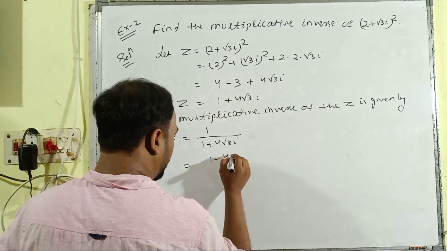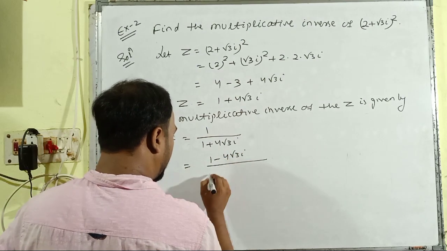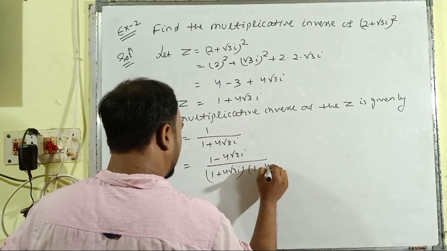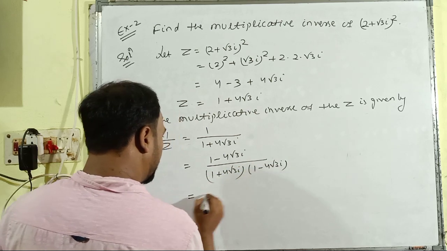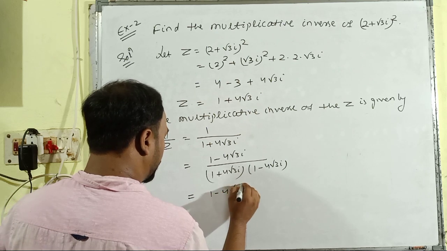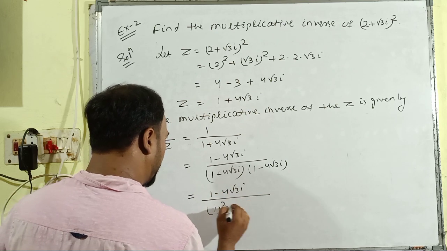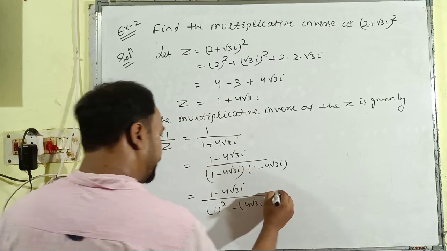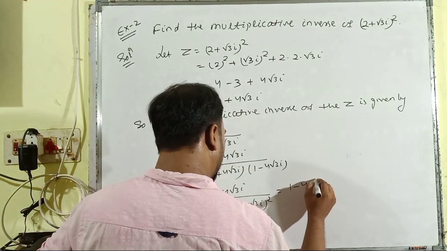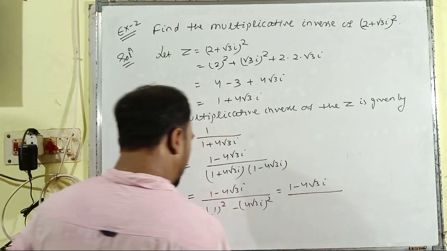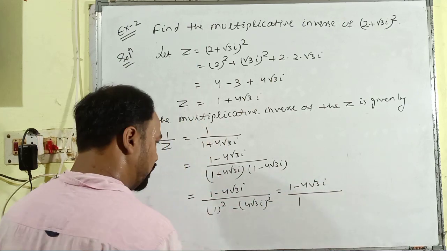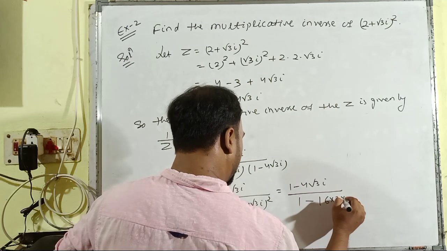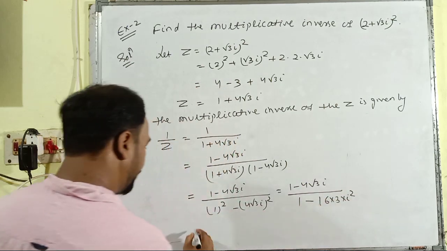Then 1 minus 4 root 3i whole divided by 1 plus 4 root 3i multiplied with 1 minus 4 root 3i. Then it will be 1 minus 4 root 3i whole divided by whole square of 1 minus whole square of 4 root 3i. Then it is 1 minus 4 root 3i divided by 1 minus 16 into 3 into i square.